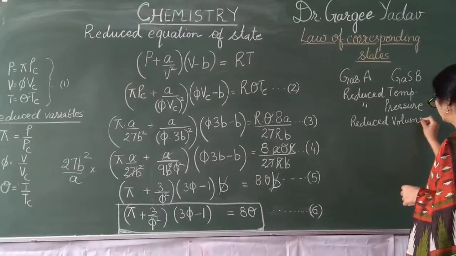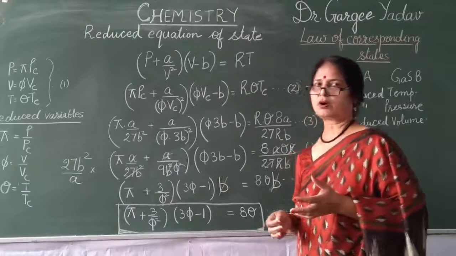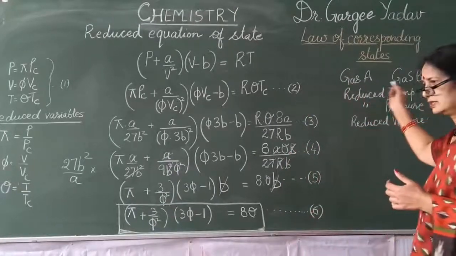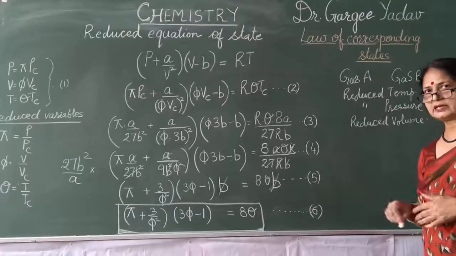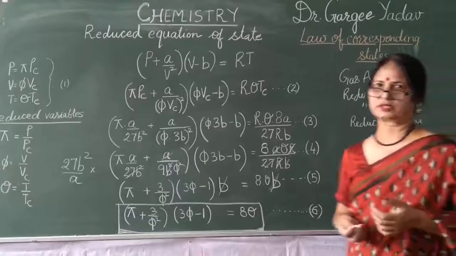So this is a very important generalization of the reduced equation of state, that if two gases are at the same reduced temperature and pressure, then they will be at the same reduced volume. This is the law of corresponding states.